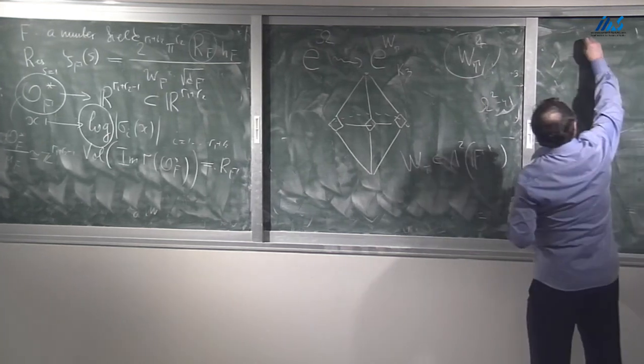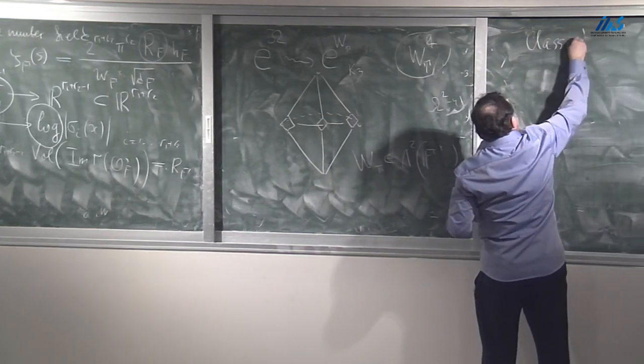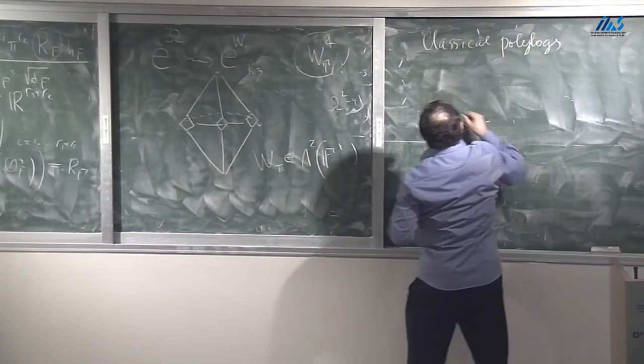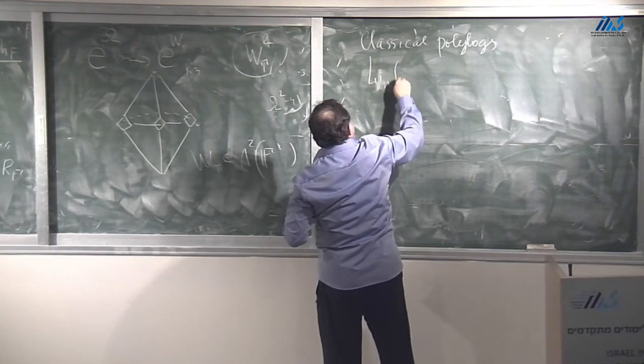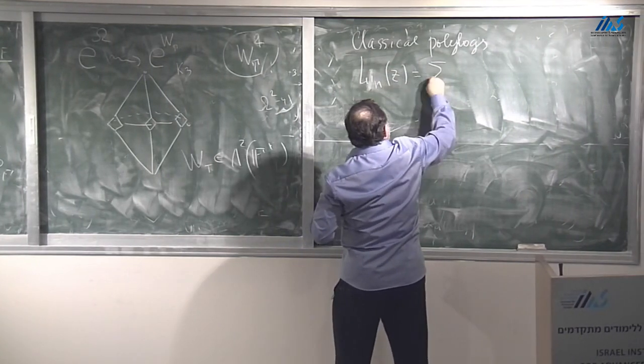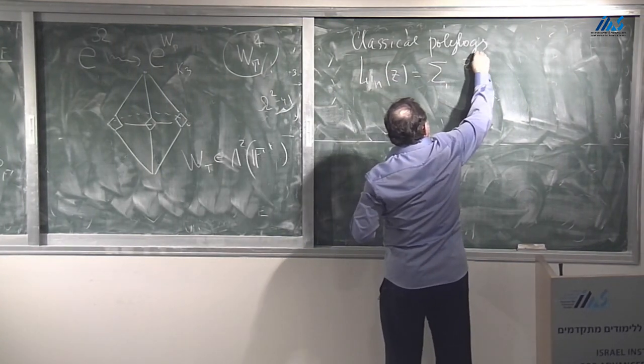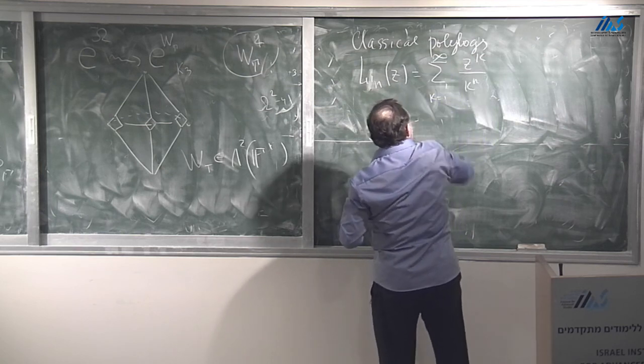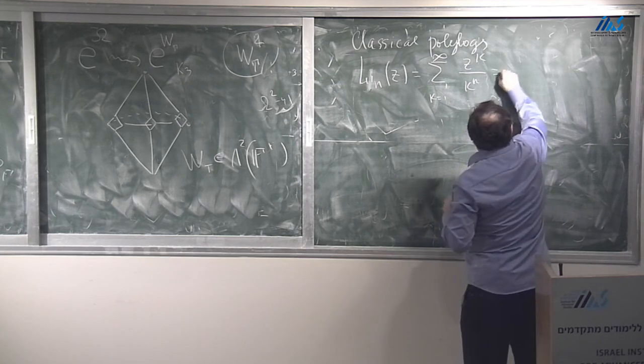They're called classical polylogs. Li_n(z) is just the sum of z^k divided by k^n when k goes from 1 to infinity. And they can be written as an integral.